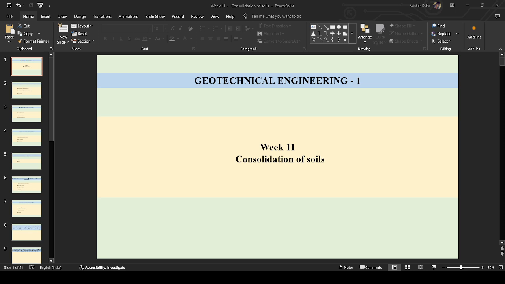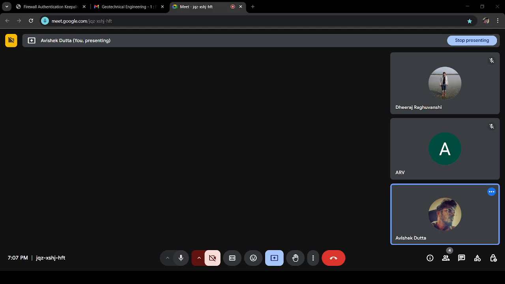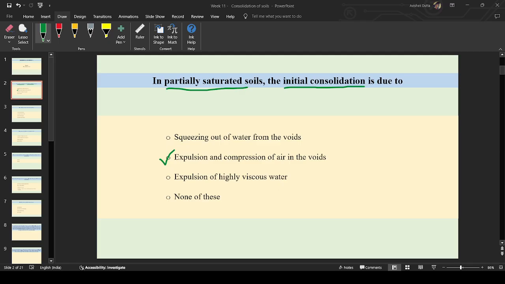In nature, we have soils which are mostly partially saturated. On the application of load, first the air gets expelled out. So the answer is expulsion and compression of air in the voids. This is the process that goes on during the initial consolidation stage.